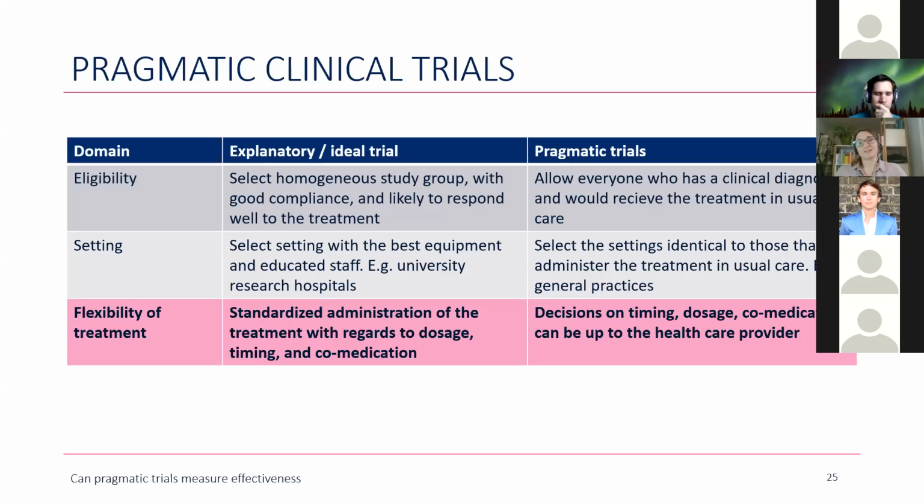Now for pragmatic trials, these kinds of decisions may be up to the healthcare provider, who is in that case also the investigator. So if a healthcare provider thinks that some dosage for some patients might be more beneficial, he or she is usually perfectly fine to take such a decision in a pragmatic trial.